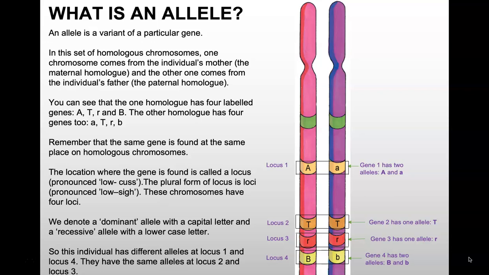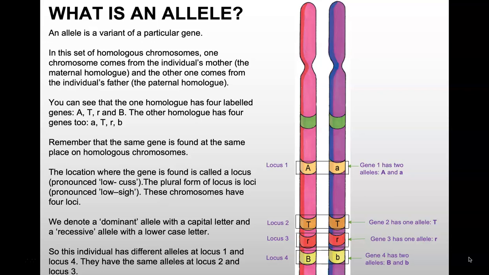That location where the genes are found is called a locus. Here we have 4 loci on these homologous chromosomes. Loci is the plural form of locus. It just means the location of the gene on the chromosome. So we can see that these homologous chromosomes have 4 loci, locus 1, locus 2, locus 3, and locus 4, although I can see a green set up there as well, which are unlabeled.